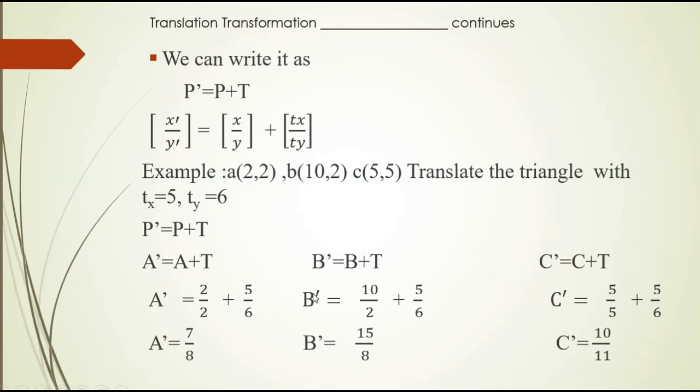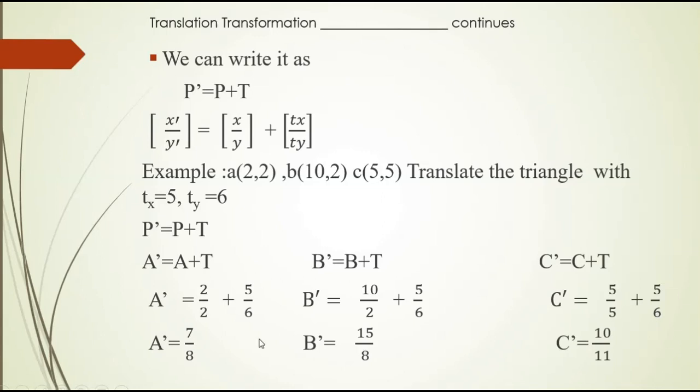Similarly, B dash is equal to B, which is 10 upon 2, the old coordinates, plus the translation factor, that is 5, 6. Similarly, C dash, C is equal to 5 and 5, that is the old coordinate, plus the translation factor, that is 5 and 6.